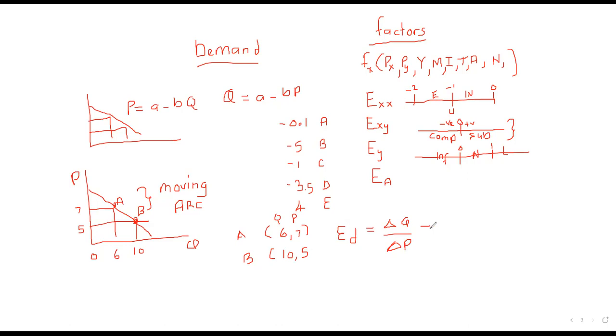So 6 minus 10 divided by 7 minus 5. The top part is giving us -4. The bottom part is giving us +2. The answer we're getting is -2.